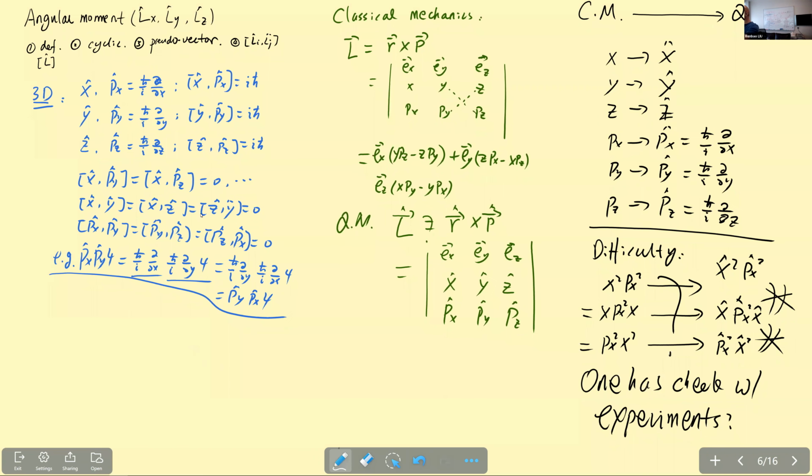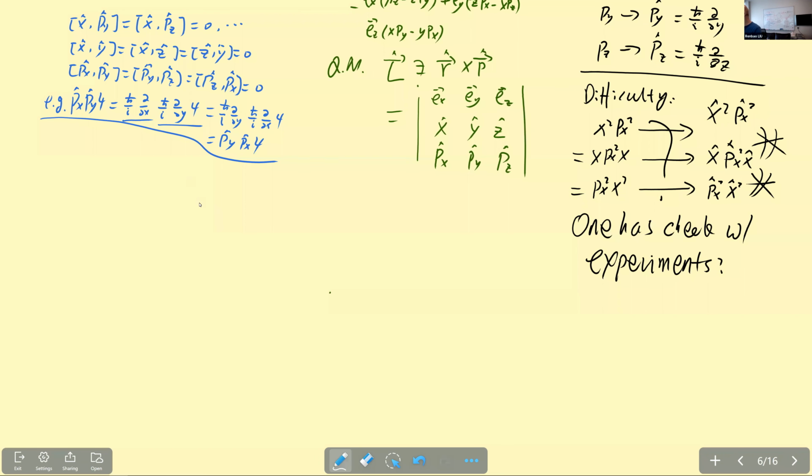But unfortunately, if we really do this, suppose we just do this naively and look at just one term: Y and PZ minus Z and PY. Fortunately, these two commute. These two also commute. So you don't really have an order problem.